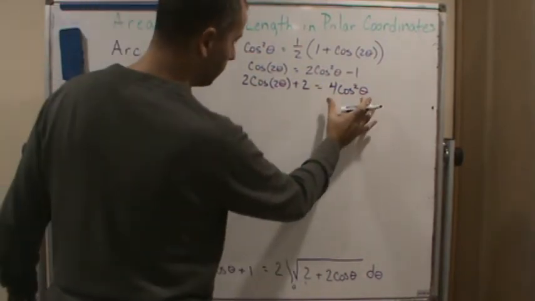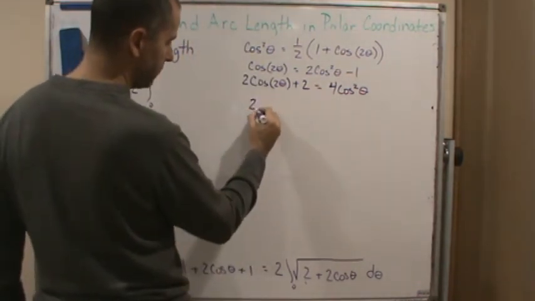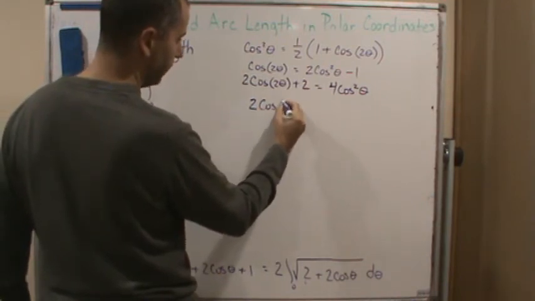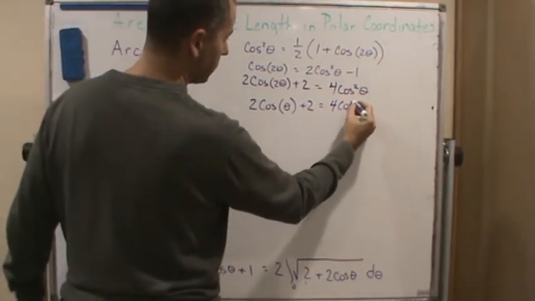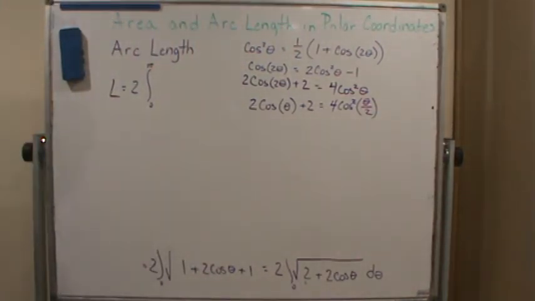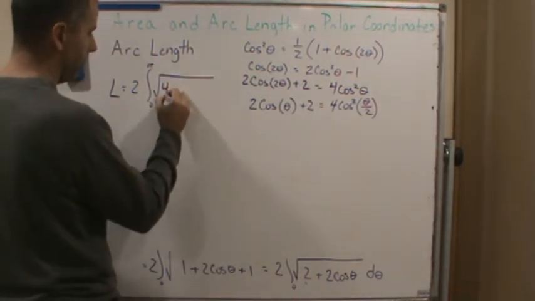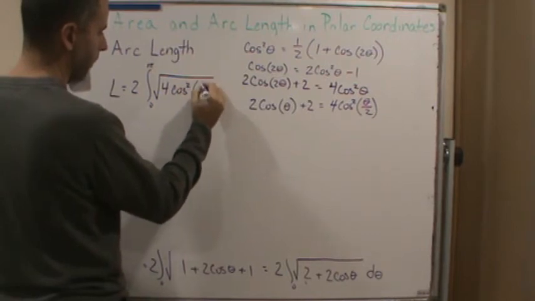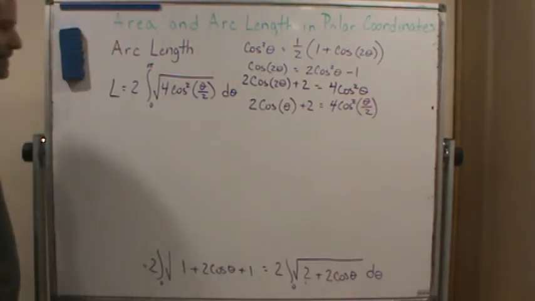Now I'm going to replace this, because since this is true, that means 2 cosine theta plus 2 is equal to 4 cosine squared theta over 2. Makes sense to me. So now we get 4 cosine squared theta over 2 d theta.